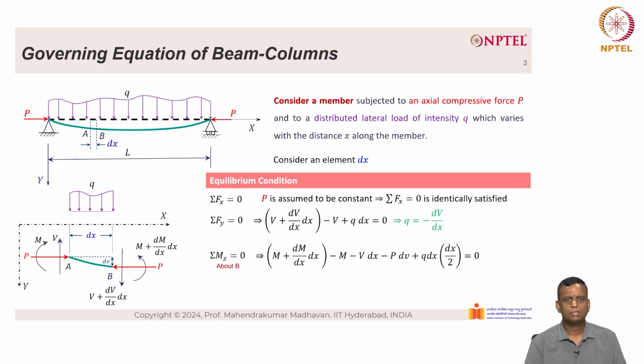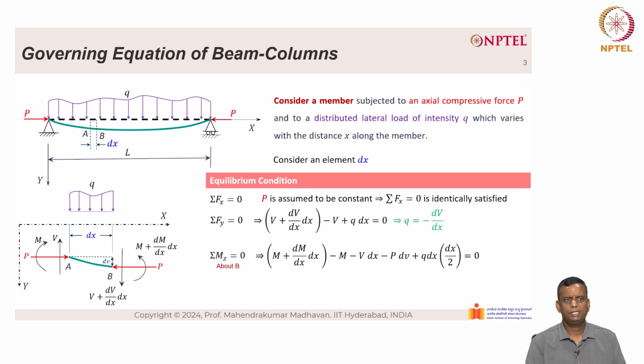The next one is the moment acting about point B. Here we have M plus dM/dx into dx minus M minus V into dx minus P into dv plus q dx into dx by 2. The M plus dM/dx is acting on the right side, in the counterclockwise direction, and the M on the left side is acting in the clockwise direction, which is negative.